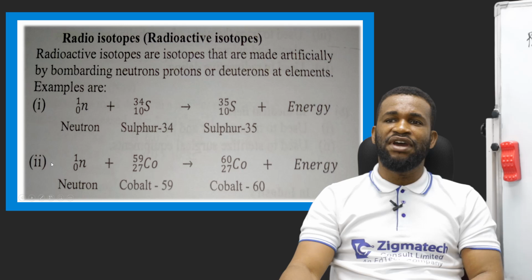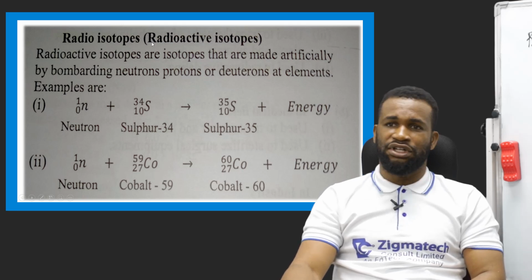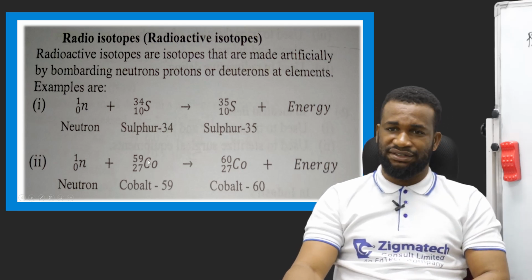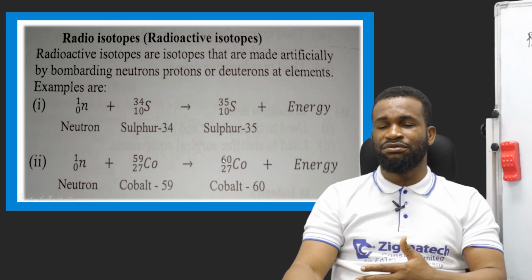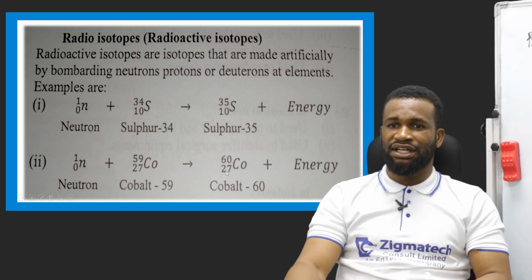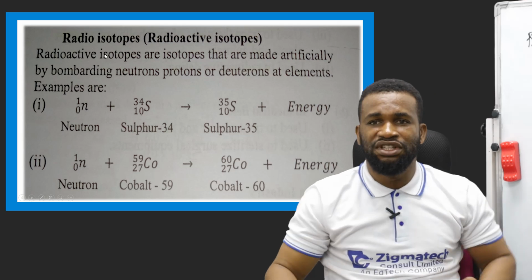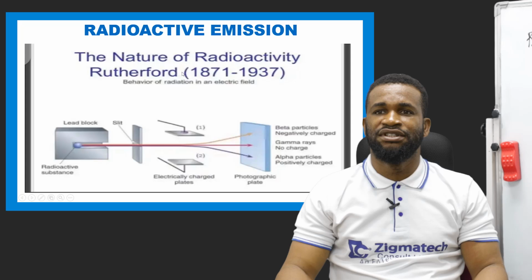So neutron is very important in this radioisotope or artificial radioactive part of it. And this is cobalt. Then it produces another kind of cobalt, which is an isotope of cobalt of 60 atomic mass and 27 proton number, with a release of energy. So this is what we mean by radioisotope, and they are caused by artificial radioactivity.